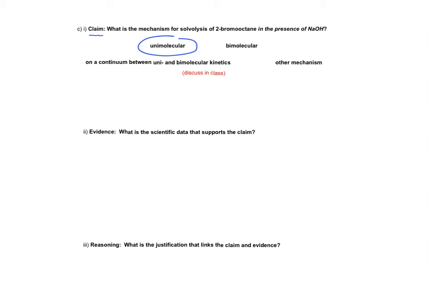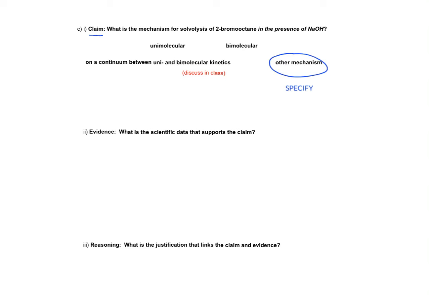Is the mechanism unimolecular? Is the mechanism bimolecular? Or is the mechanism on a continuum between uni and bimolecular kinetics? Or do you think that there is another mechanism that we should discuss?